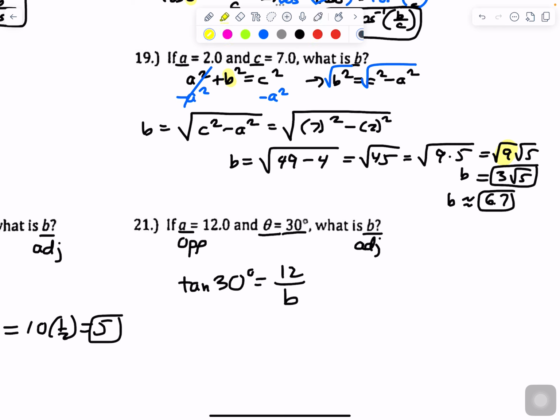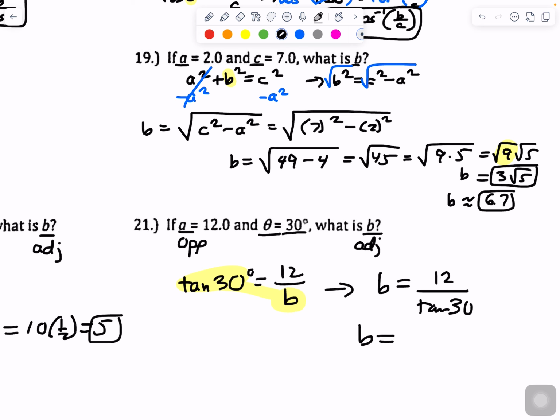Now remember our trick. If we're solving for the denominator, what does it do? It switches out with the other side. This becomes B equals 12 divided by the tangent of 30. So B would be approximately 20.8.